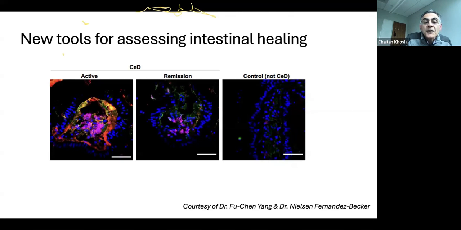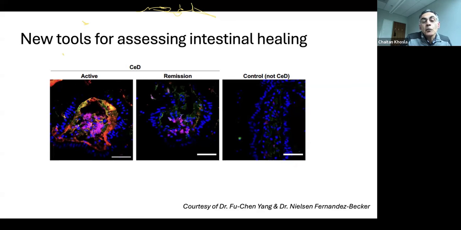What you're seeing here is a red-colored tool that was mixed with a freshly isolated biopsy from Dr. Fernandez-Becker's endoscopy suite, from a patient who had active celiac disease, a patient whose celiac disease had mostly recovered, and a patient who underwent a biopsy but turned out not to have celiac disease.